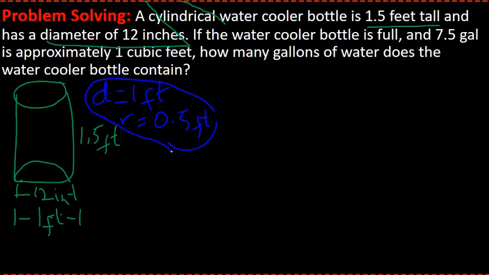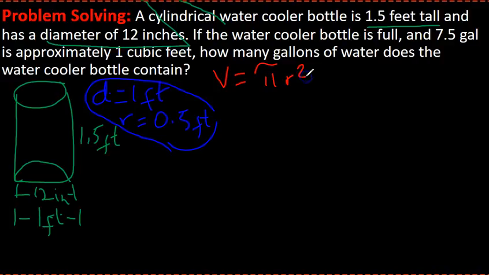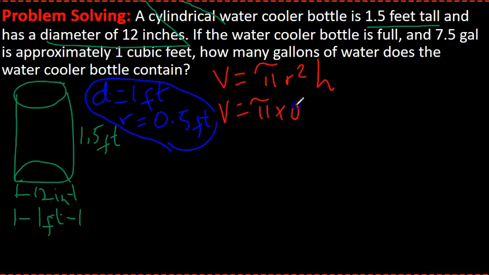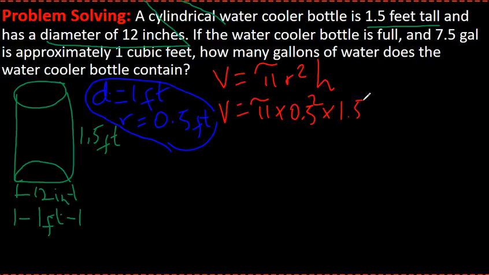Then we find the formula. The volume is pi radius squared times height. So the volume is pi times the radius, which is 0.5 squared, times the height, 1.5.